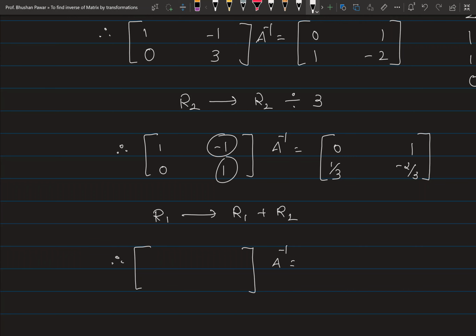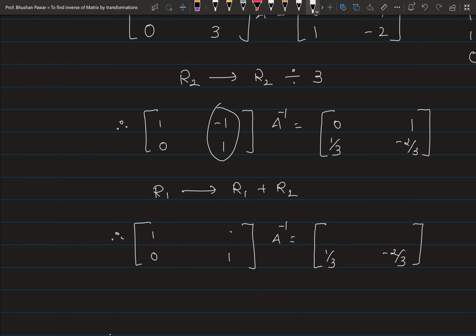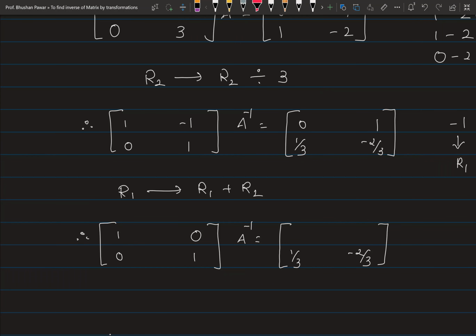So minus 1 plus 1 is going to be 0. Then we will be adding the next two numbers. 0 and 1 by 3 will be 1 by 3. And finally, we are going to add these two numbers. If you have a doubt, we can do it in the rough work. On simplification, it should be this one. Then we take LCM, so that should be 1 by 3. We should be writing here 1 by 3.